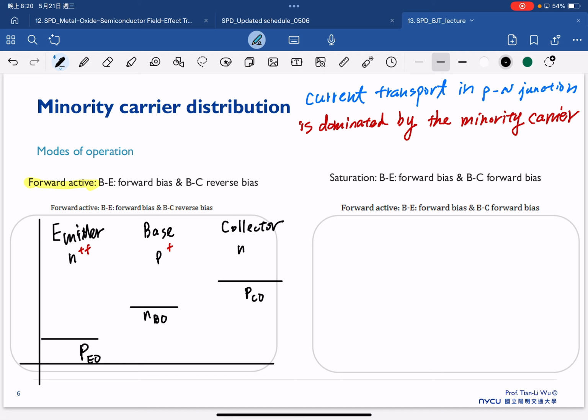Okay, so that's the first step. We plot all the equilibrium minority carrier concentrations: PE0, NB0, and PC0.